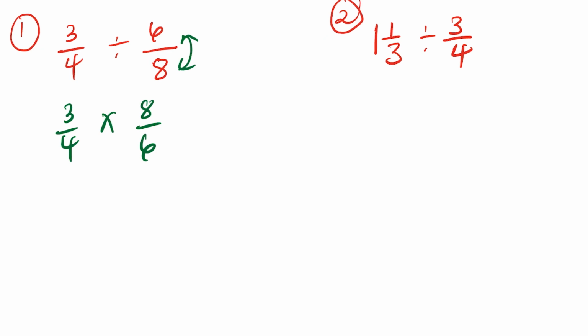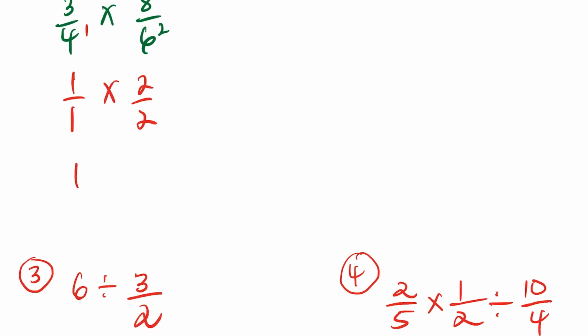How many 3's in 6? 2. How many 3's in 3? 1. And then there's a common factor between 8 and 4, which is 4. How many 4's in 8? 2, and in 4, 1. So we're going to have 1 over 1 times 2 over 2, which is going to be 1 times 1, which is going to be what? 1.